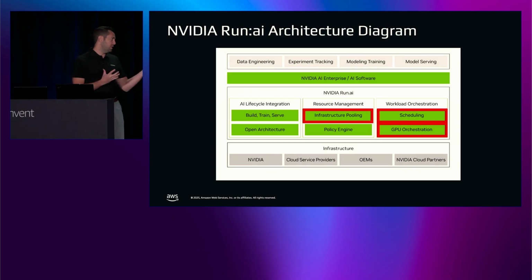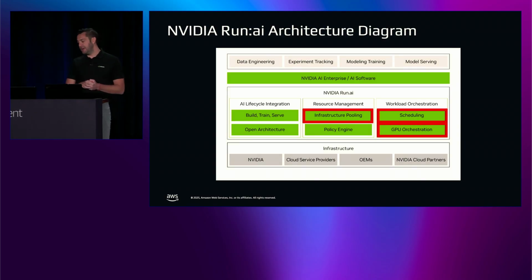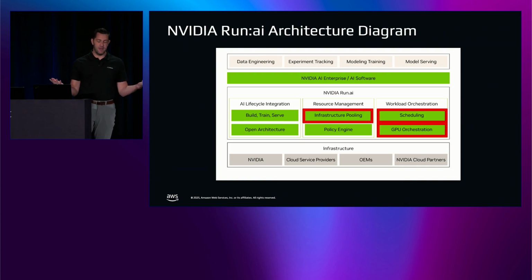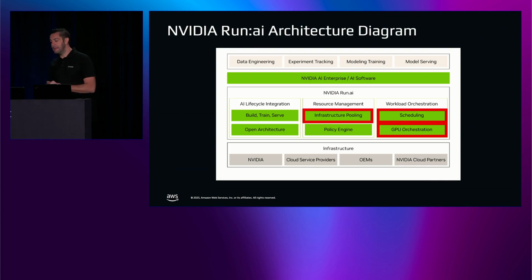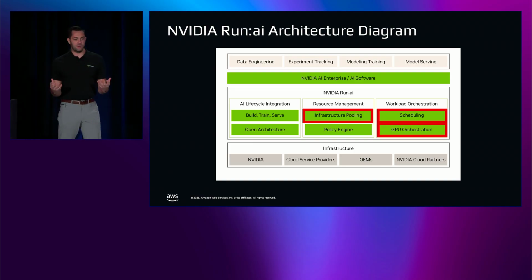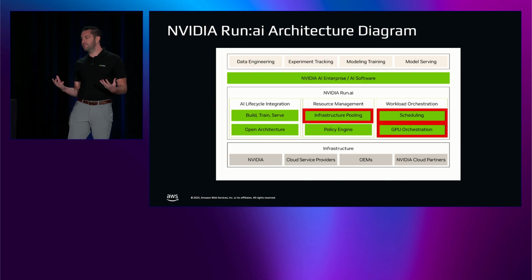So if we look at the things that we'll go into detail next, you have that Run AI middle layer. It brings a lot of different capabilities, right? And we'll focus on a few of those capabilities so you can start to understand how it interoperates now with SageMaker HyperPod. But what all of this allows basically now is you have this scheduling and orchestration layer that sits on top of all of your compute.